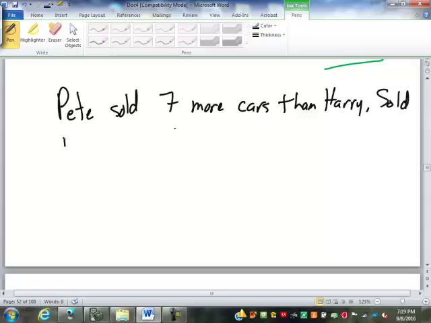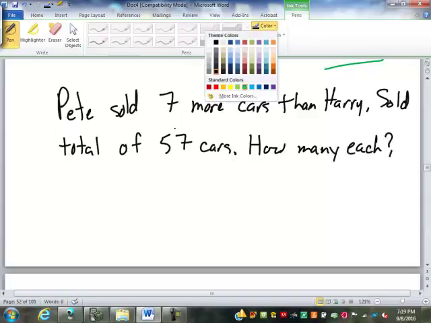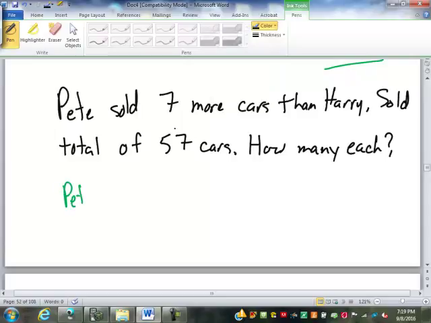They sold a total of 57 cars. 7 times more cars? 7 more, period. How many did each sell? So again, we have Pete and we have Harry, and we're looking at the number they sold.